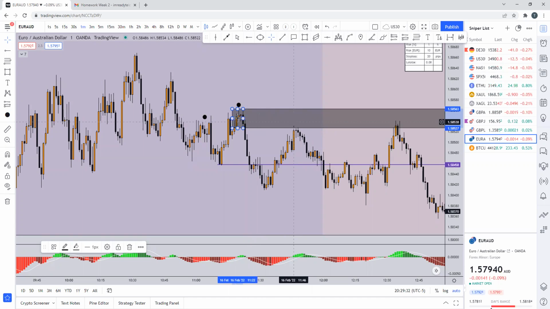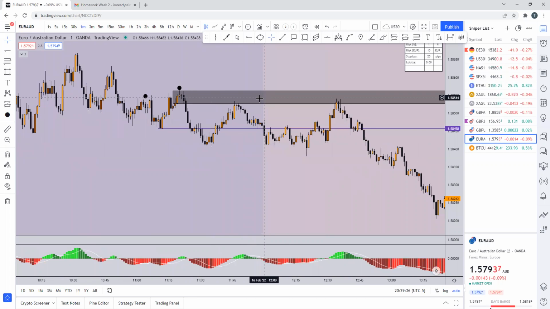So this is the first entry right here, right? But this is not the safe entry. And as we can see here, price came anyway and swooped that up. So this is another reason why you don't want to take this first entry, unless you want to take the more risky entry.